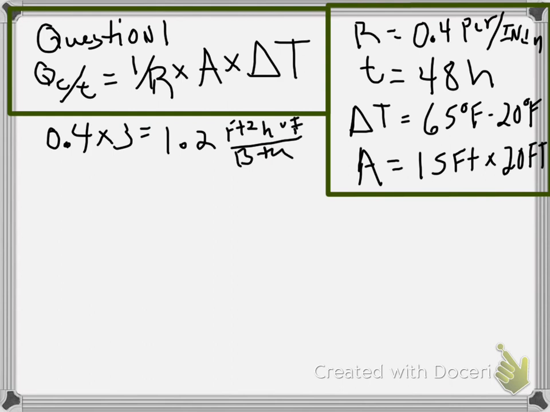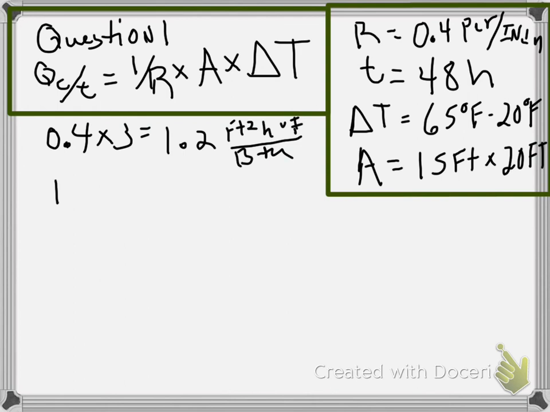Now that I have that, I can place everything into my equation. I'm going to change the 15 by 20 to an area of 300 feet squared, and I'm also going to subtract 65 minus 20 to get 45 degrees in my building so that I can just plug everything into the equation.